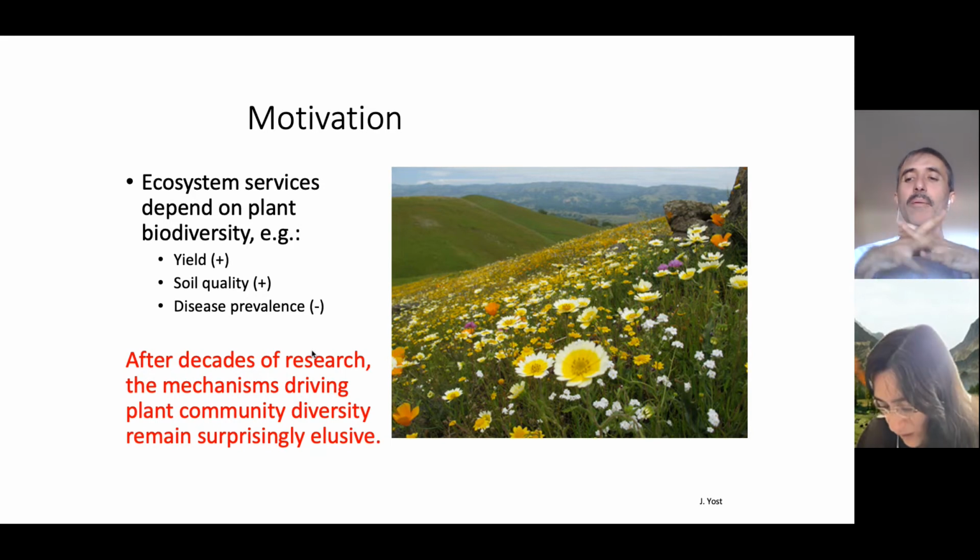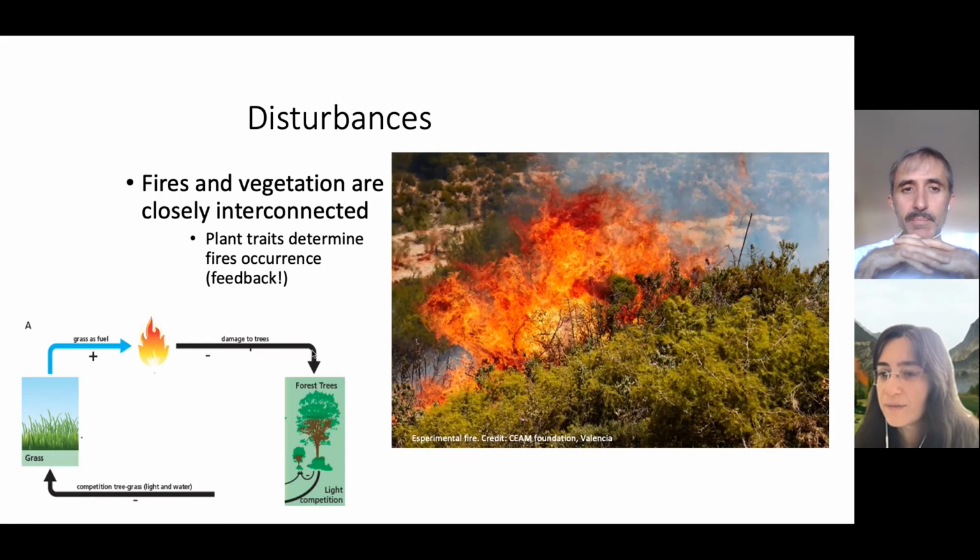I want to introduce the fact that one important factor for diversity in plants is disturbances in general, and more specifically, we have been working together with Rubén and others and thinking about fires a lot. Fires and vegetation are closely interconnected.